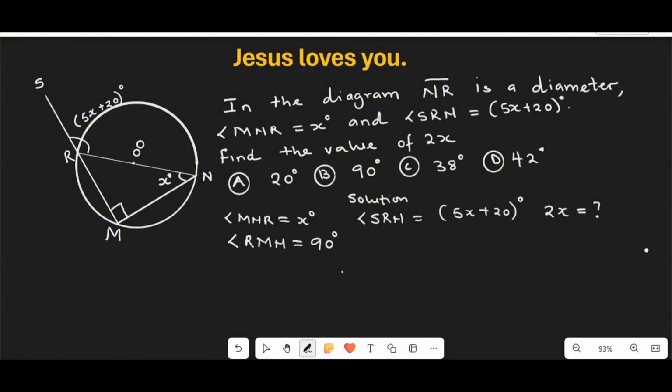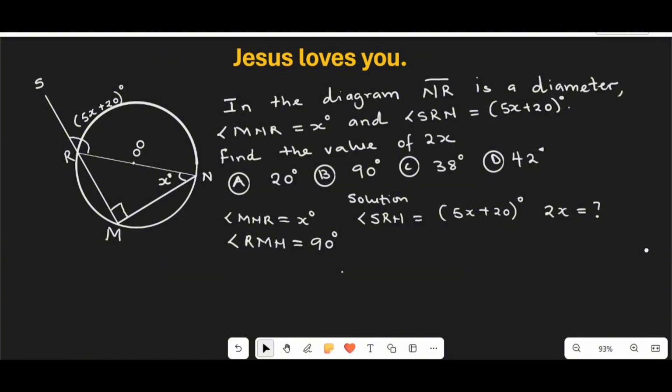Let us use the exterior angle of a triangle theorem. The theorem says the sum of the two opposite remote interior angles is equal to the exterior angle. What the theorem is saying is that the addition of MNR plus RMN is equal to SRN.